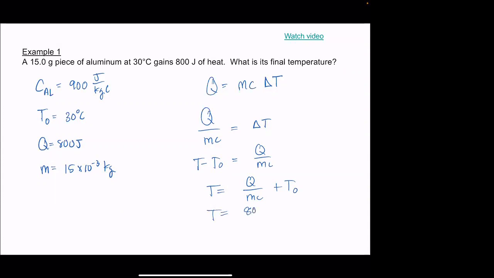That's 800 divided by 15 times 10 to the minus third times 900, plus 30. The final temperature equals 89.26 Celsius.